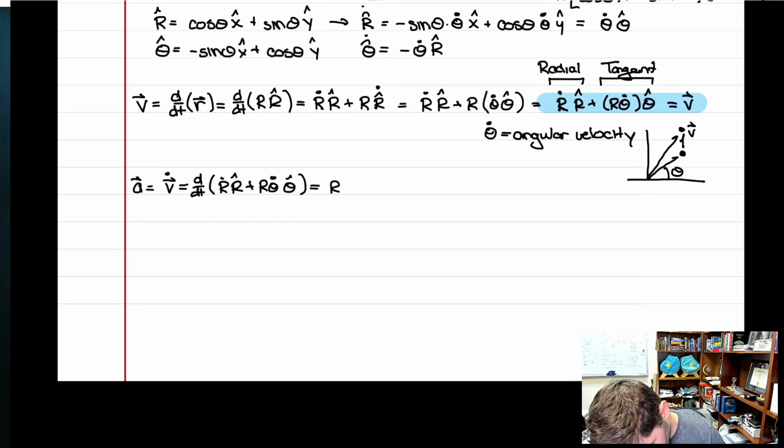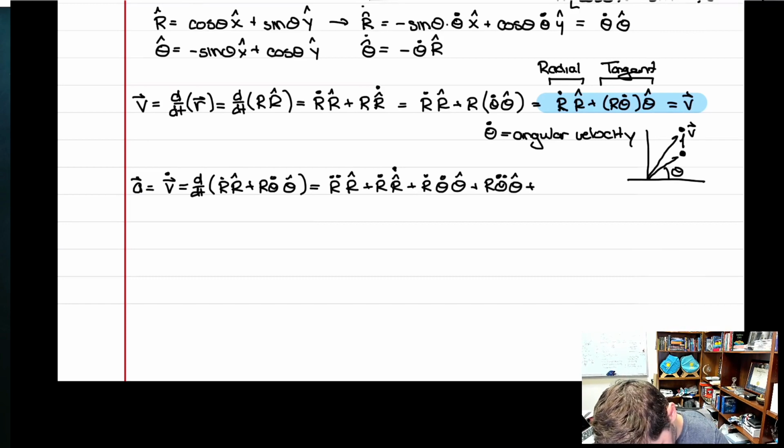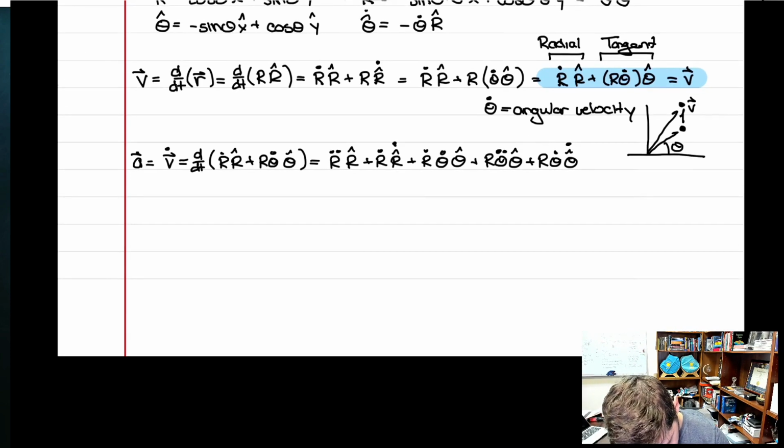The first term looks like it's going to be r double dot r hat plus r dot r hat dot, and then r dot theta hat plus r theta double dot theta hat plus r theta dot theta hat dot. Oof. Which then, what do we do? So this first term looks like it's just the same.